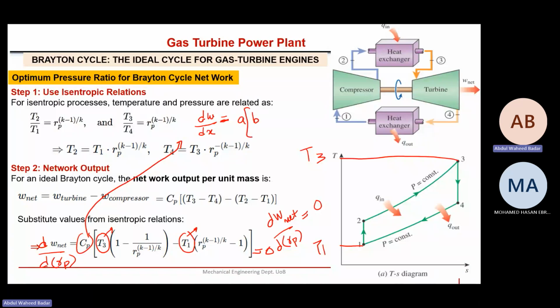I'm representing RP as X, with the term which you used to see in your mathematics. So I'm writing in a mathematical form: a constant, another constant into 1 minus 1 over x to the power another constant C, minus another constant D into x to the power same C minus 1.